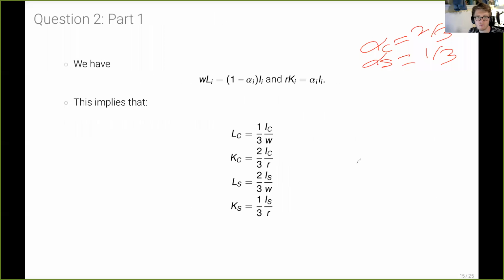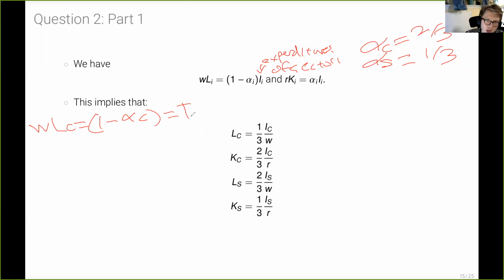Okay, so now I have that W times L_I is equal to 1 minus alpha_I times I_I, which, recall, is the expenditures of sector I. Well, to figure out what L_C is, I'm just going to look at C, and so W times L_C is going to be equal to 1 minus alpha_C times I_C. Oh, oopsies, sorry, this here is not an equals, it should just be a times.